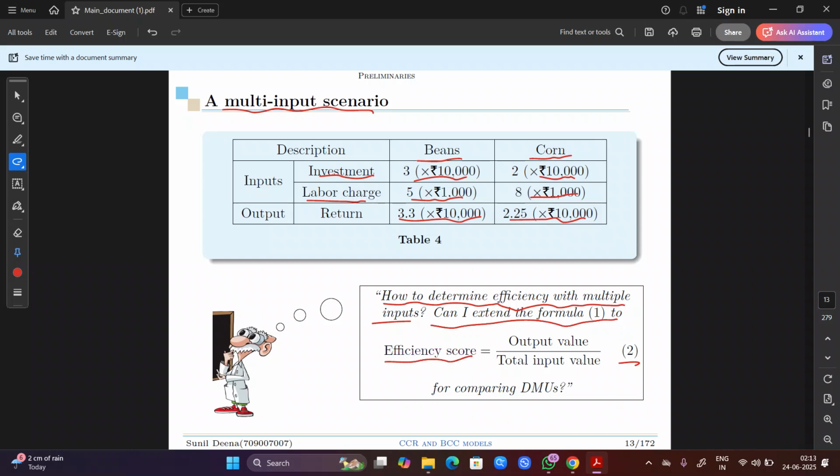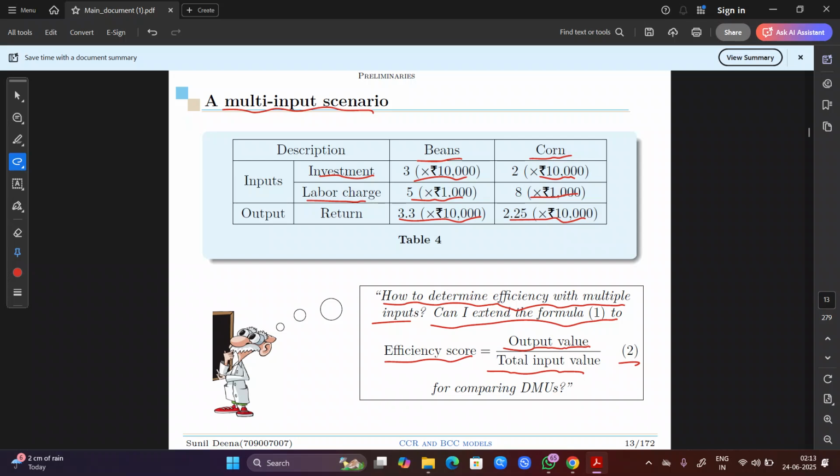In this case the inputs are 2, so this is the total input value, and the output value is 1, so the output value is as it is in the numerator. Previously I have seen the formula of efficiency score equal to output value divided by input value, but in this case there are two inputs, so I have taken the total input value in the denominator and given it equation number 2.